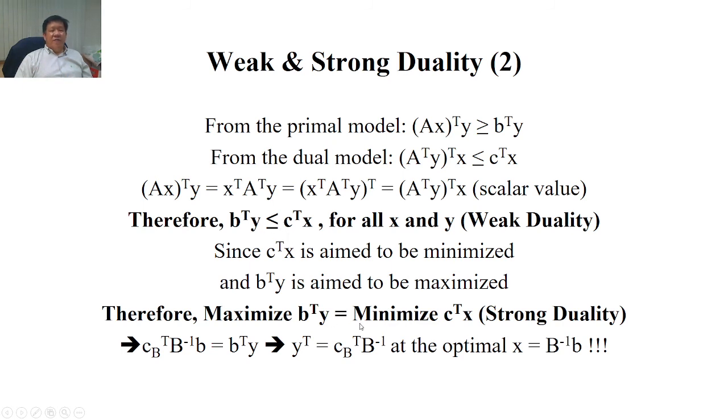If there existed a maximum of B transpose Y greater than the minimum of C transpose X, weak duality would not hold for all X, Y. So the only point where you can change the inequality from less than or equal to equal is this unique point, the optimum solution in both problems.